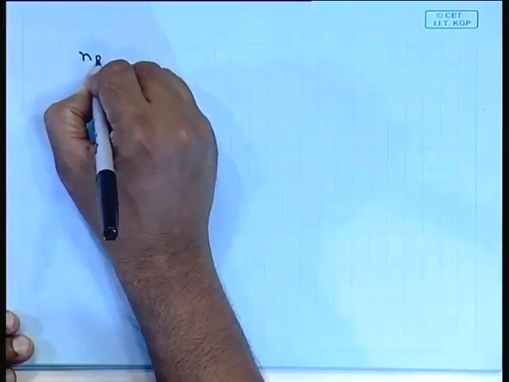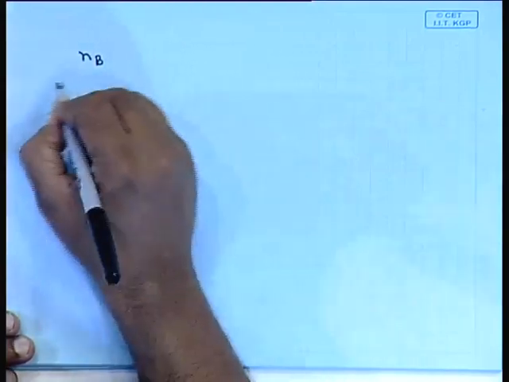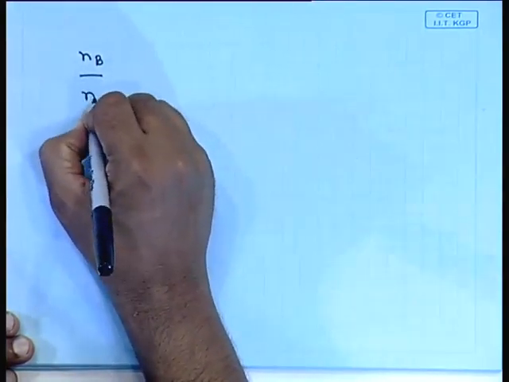Now, another quantity of interest is the ratio of the number density of baryons to the number density of photons, right. I have already told you how to calculate the number density of baryons. You take the critical density multiplied by omega baryon and divided by the mass of each baryon, the mass of one proton, a hydrogen atom, and the number density of photons I have already told you how to calculate.